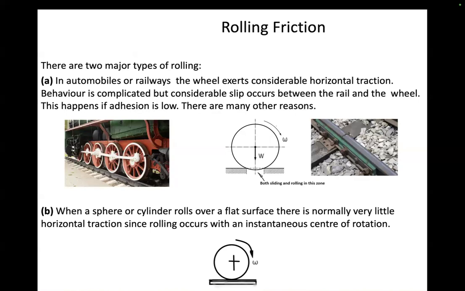Ideally, the roller should roll over the track without any friction, but that doesn't happen. In automobiles or railways, there is considerable horizontal traction felt, and this behavior is complicated.